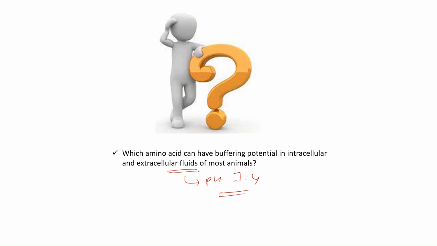So now tell me which amino acid can provide a buffering zone around this pH. For this, you should know the pK1, pKr and pK2 of all the amino acids. If you know that, you can easily tell which amino acid can provide a buffering zone near intracellular and extracellular fluid.